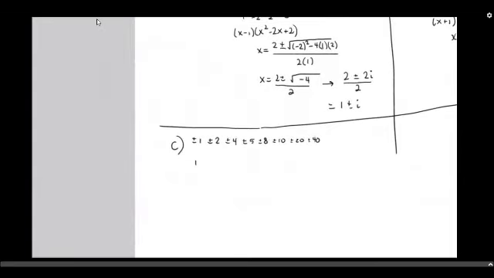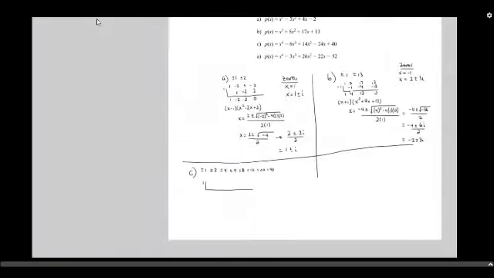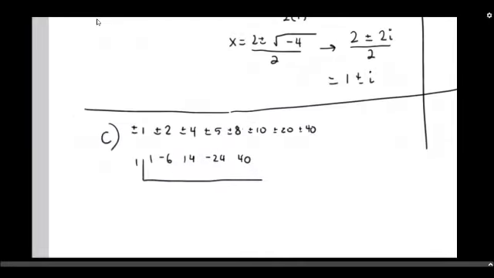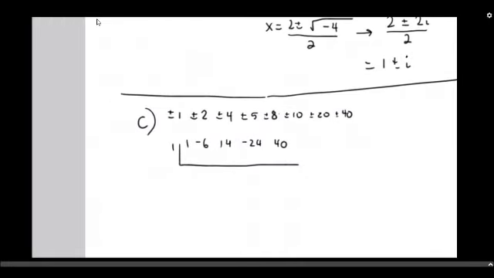So let's see what we can come up with here. So what are my coefficients? I need a 1, negative 6, 14, negative 24, and 40. All right.